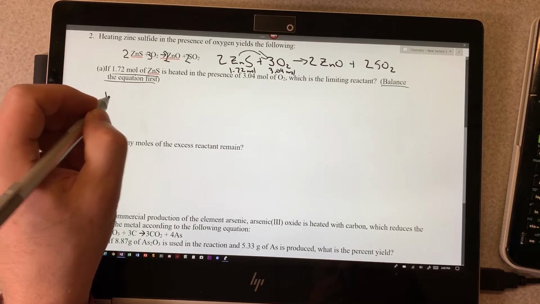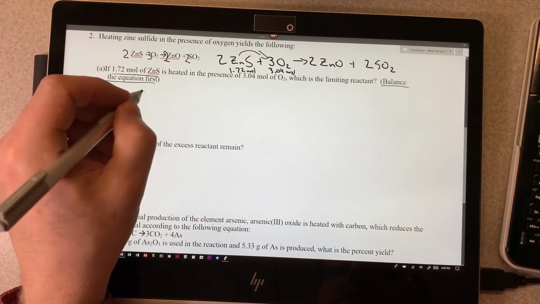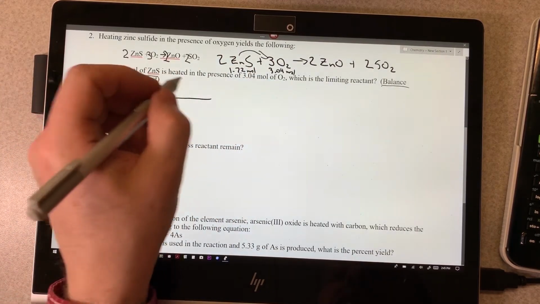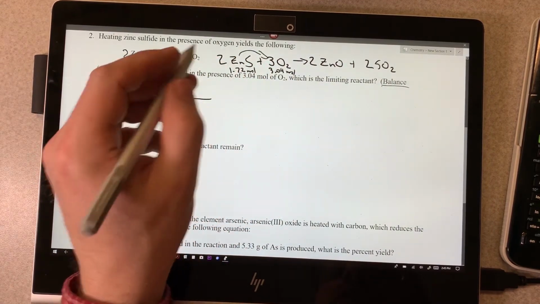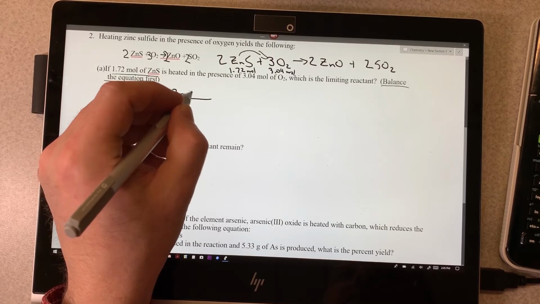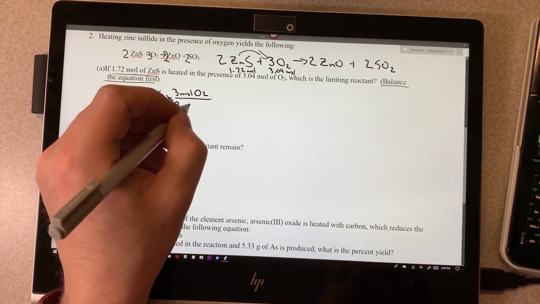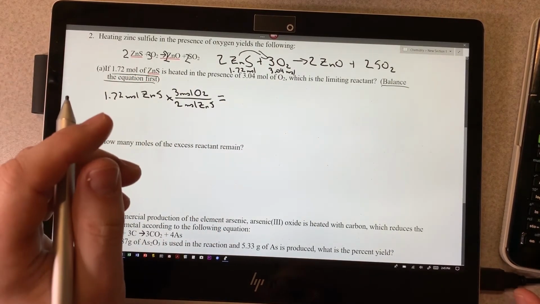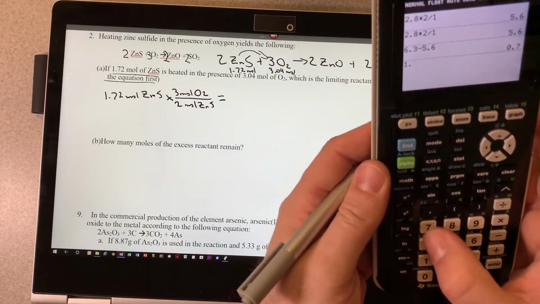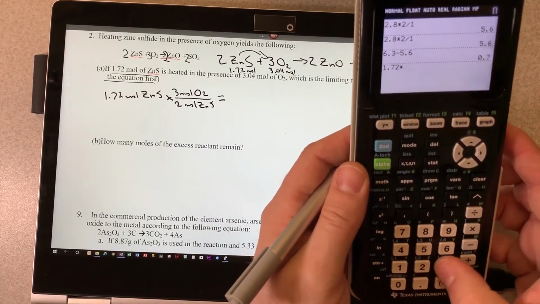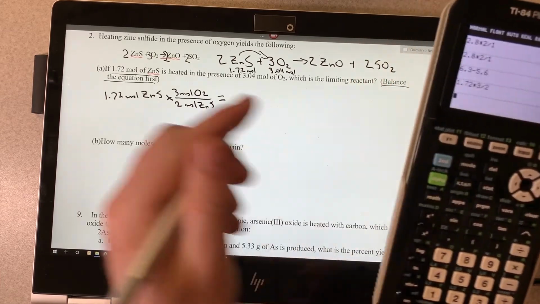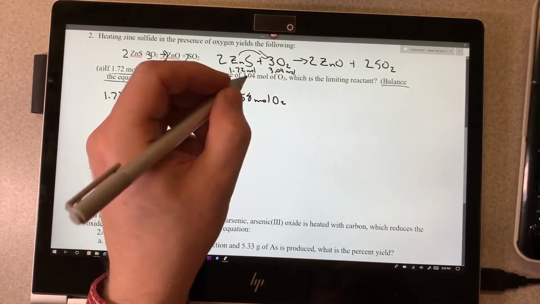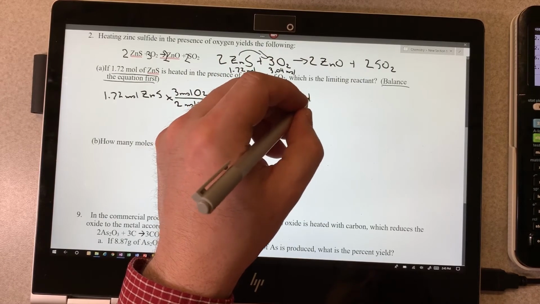So if I have 1.72 moles of ZnS, and I know that I have a mole ratio of 3 moles of O2 for every 2 moles of ZnS, then I'm going to need 1.72 times 3 divided by 2, 2.58 moles of O2 to react.